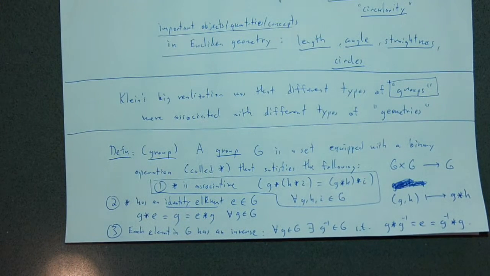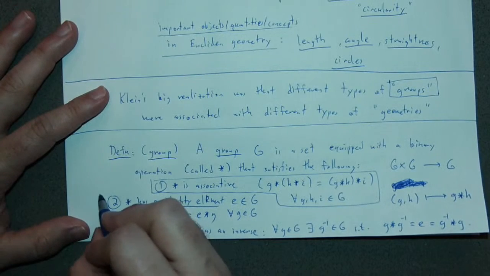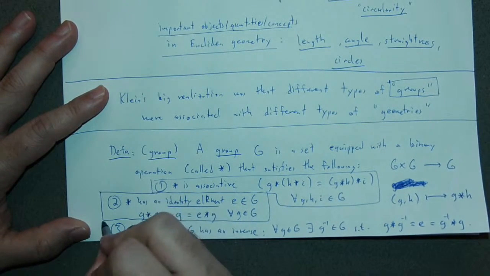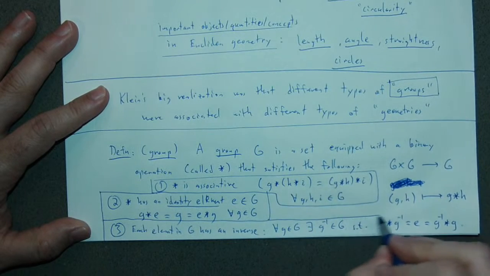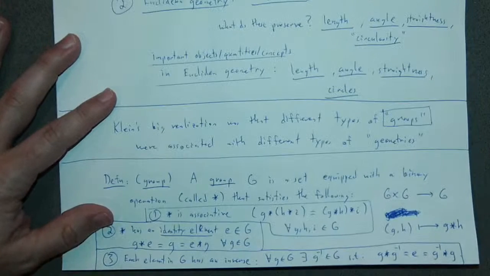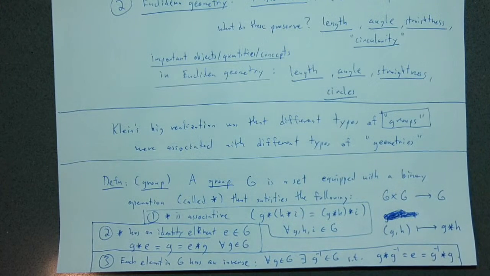Okay, so there's my three things. Now, you're naturally going to have some questions here. First, you're going to note, wait, isn't a group basically just like a field, except it doesn't satisfy nearly the same number of axioms? That's true. So first, note that a field requires two binary operations.